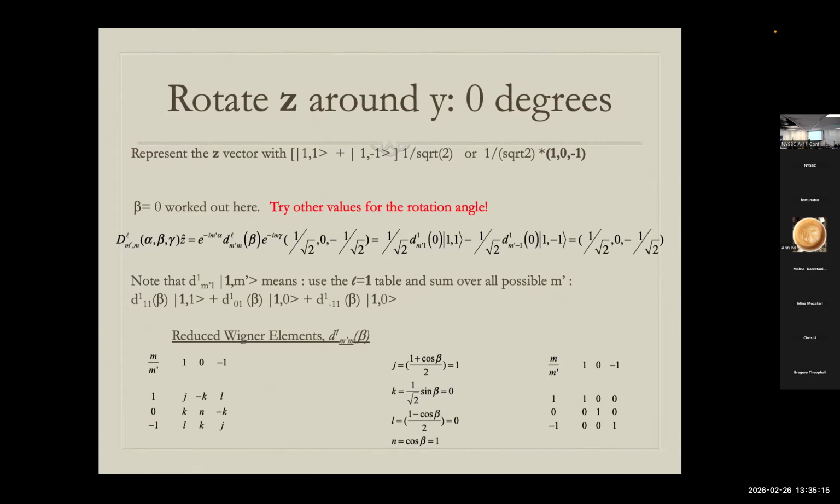And then to make it normalized, you have to divide by square root of 2. So I could also write it as being this kind of an L equals 1 vector. It has this amplitude on 1, 0, minus 1. So it has that much of the L equals 1 and M equals 1, and that much of the L equals 1 and M minus 1, and no L equals 1 and M equals 0. So that's my representation of a Z vector.